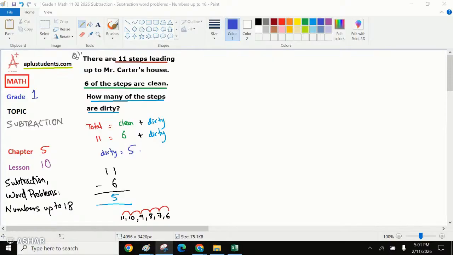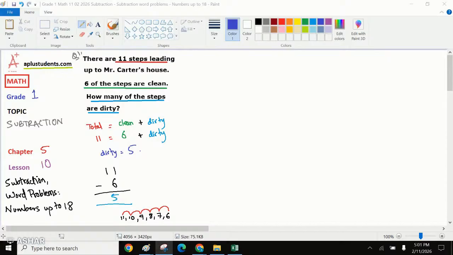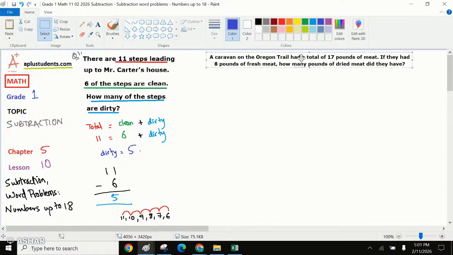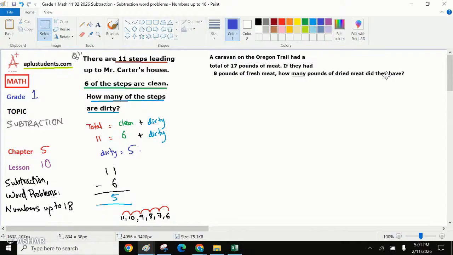So the next question says, a caravan on the Oregon Trail had a total of 17 pounds of meat. Okay, let's see what we can do over here. Question number 2. I'll resize so that it's readable.